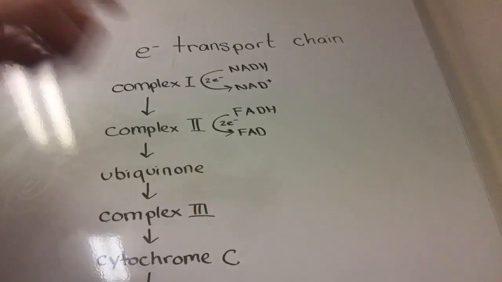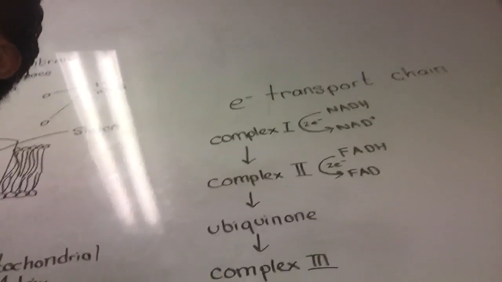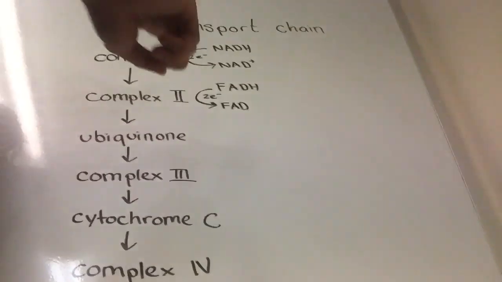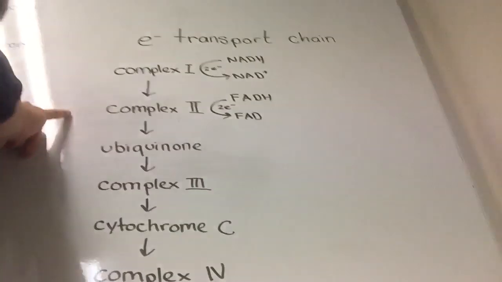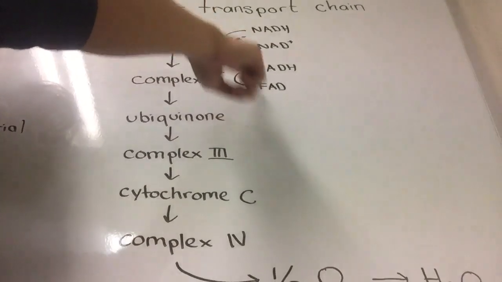So electrons from NADH and FADH2, which were produced in glycolysis and the citric acid cycle, will go through a series of molecules, as you can see, and it'll donate its electron and follow a flow of electrons.